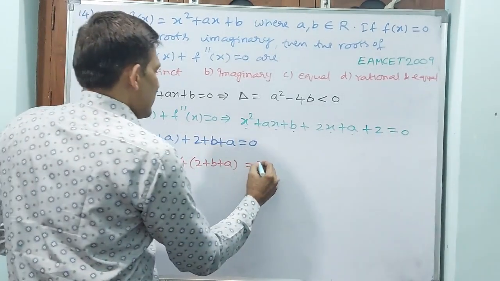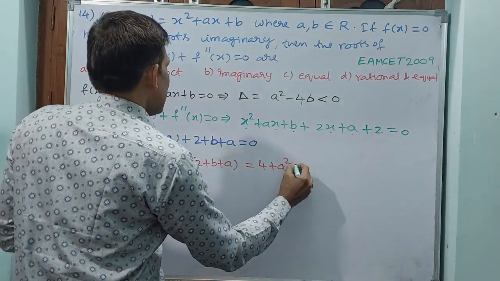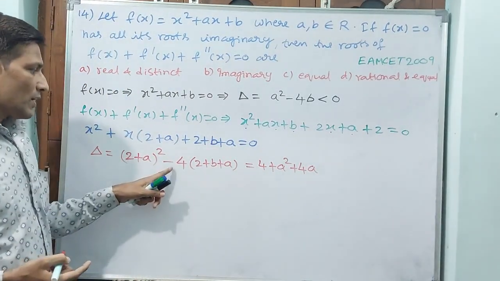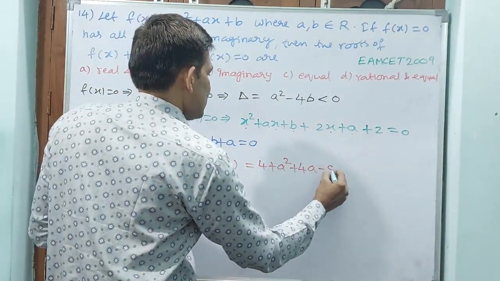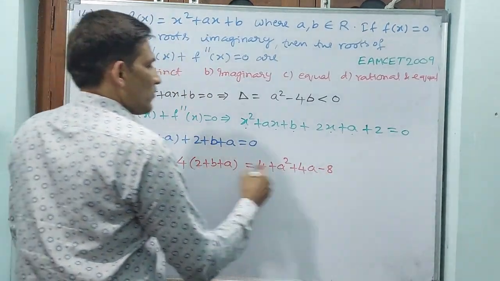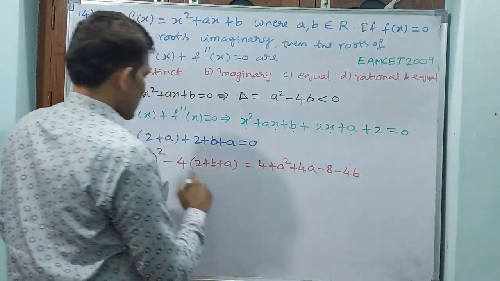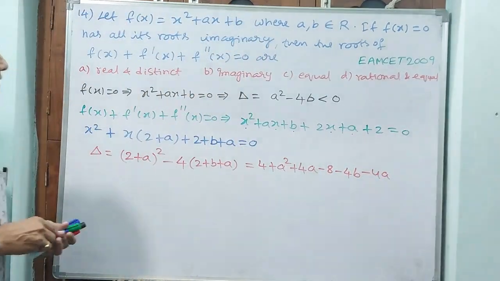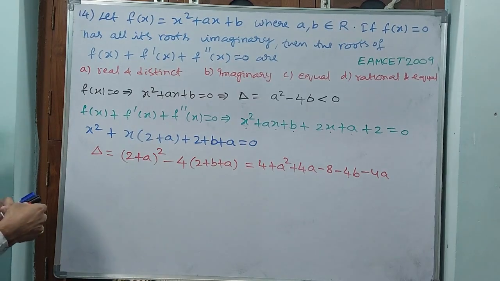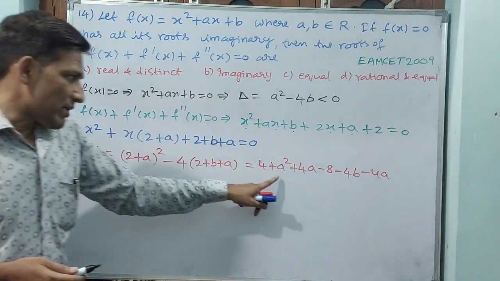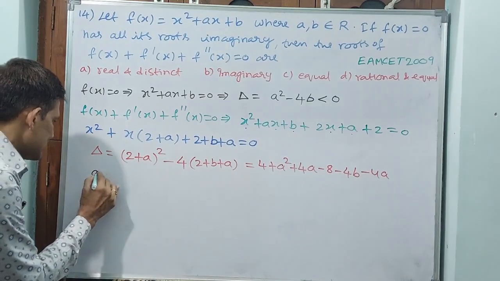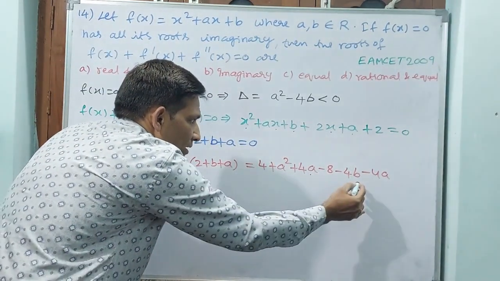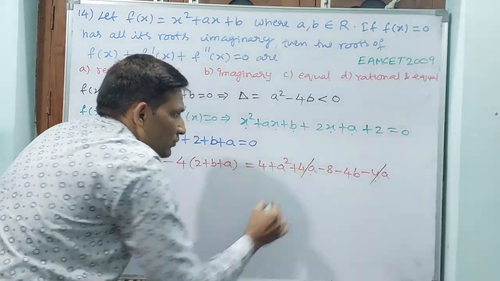Expand this: a square plus b square plus 2ab, 2 into 2 into a, minus 8, minus 4b, minus 4a. Now wait. A square is only 1. Write down a square. But see, plus 4a minus 4a, first you cancel these two.